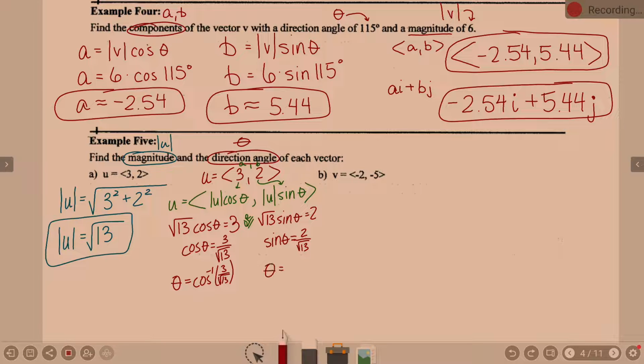Or you can go the route of theta is equal to sine inverse of 2 over the square root of 13. On this problem, you should get the same answer.